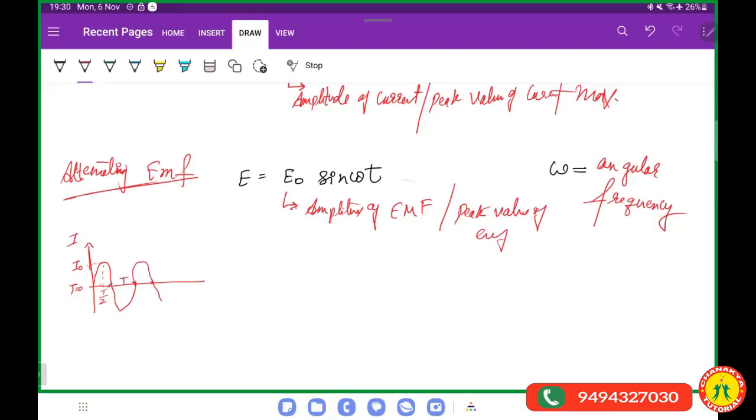This is T by 2, this is another T by 2, that means T. Then what will be this one?